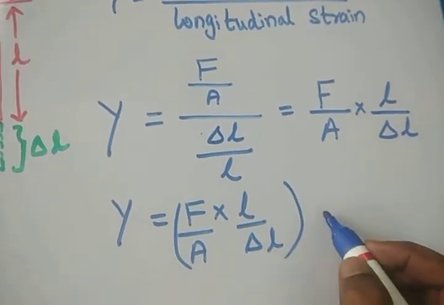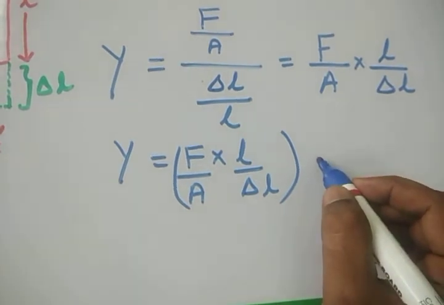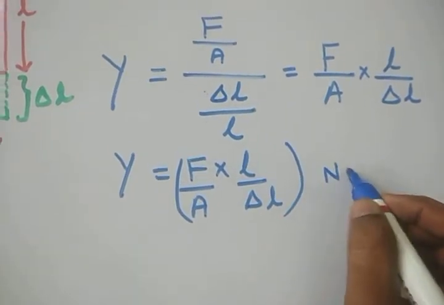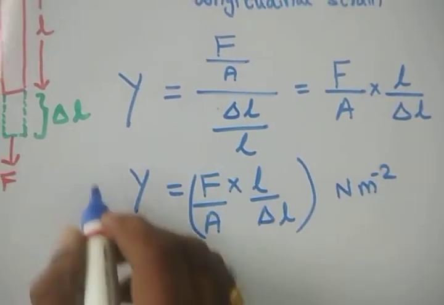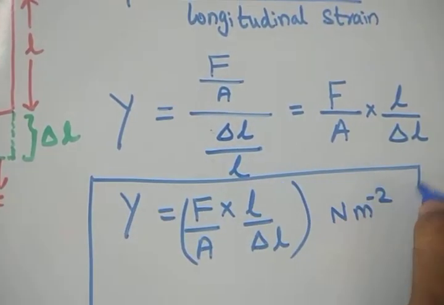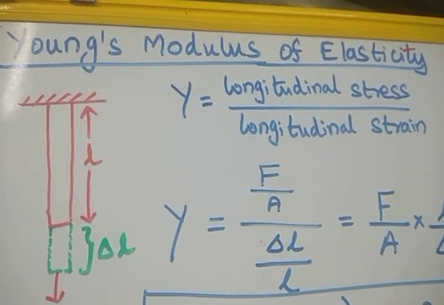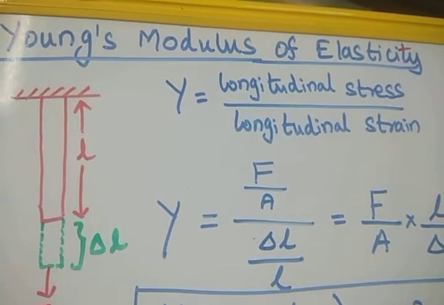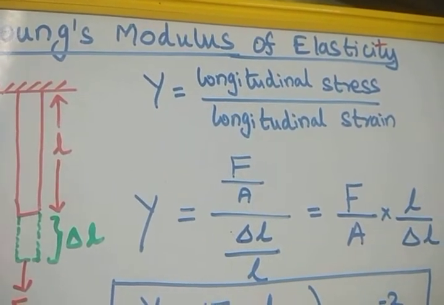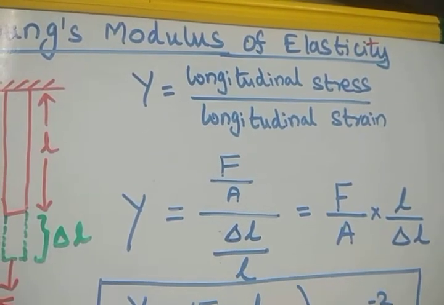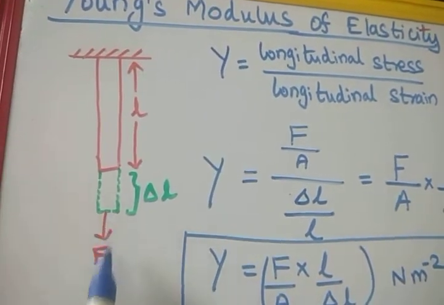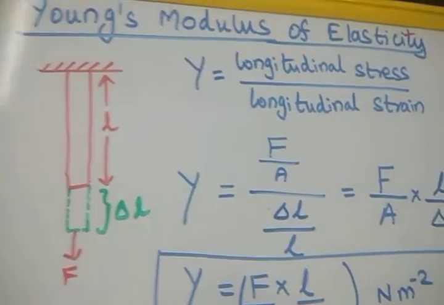What is the SI unit of Young's modulus? The SI unit of Young's modulus, or any modulus, is Newton per meter square. So Young's modulus is defined as longitudinal stress by longitudinal strain. Longitudinal means the force is applied along the length.